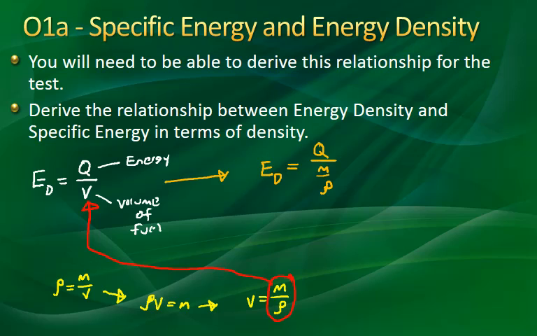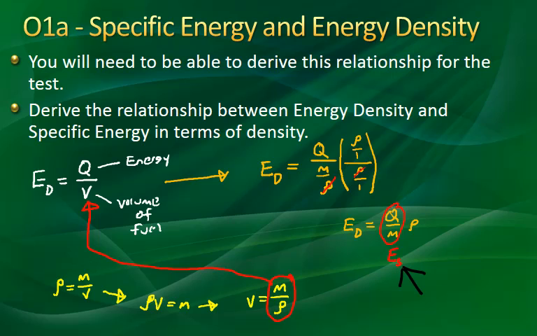Then we can place that in here, so we end up with Q over mass over density, and then we can multiply the top and bottom by density, and we get energy density is equal to Q over M times the density.